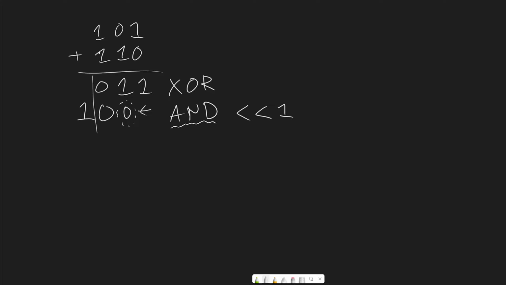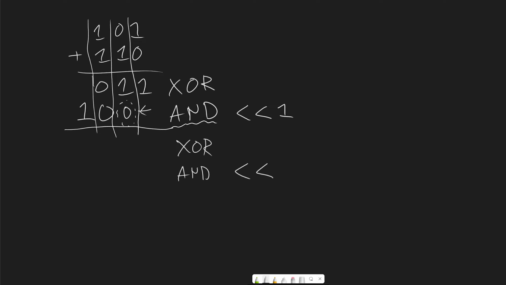And remember, everything should be aligned here. Now, let's go ahead and continue. So we have our XOR step and our AND step being shifted to the left 1. And remember, we can just fill in a 0 here because that's how this works.